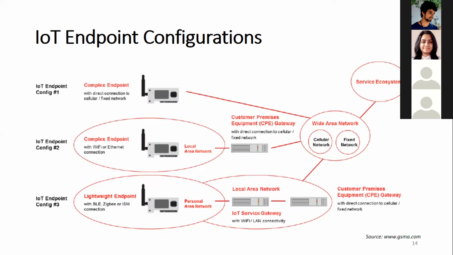And the configuration types 1 and 2 are both related to the complex endpoint configuration. This endpoint model typically has a persistent connection to a backend server over a long distance communication link, such as cellular connectivity, as shown in configuration number 1, or it can be connected using Wi-Fi or Ethernet through a customer premises equipment or a gateway, as shown in configuration number 2.